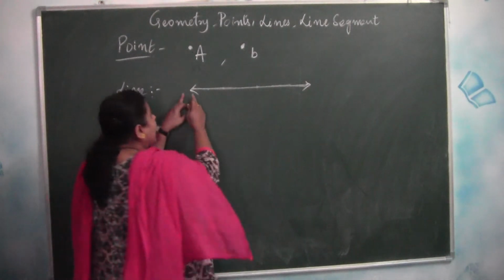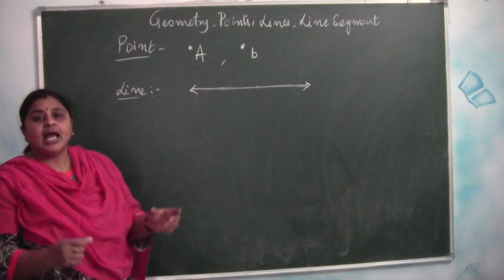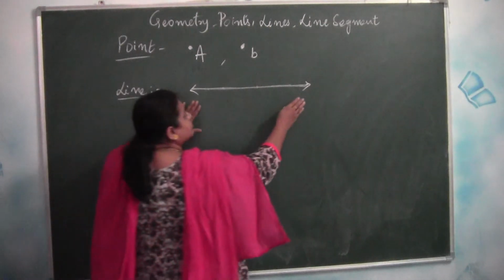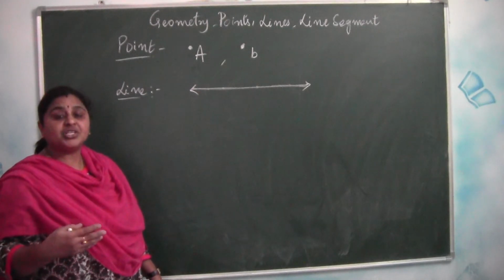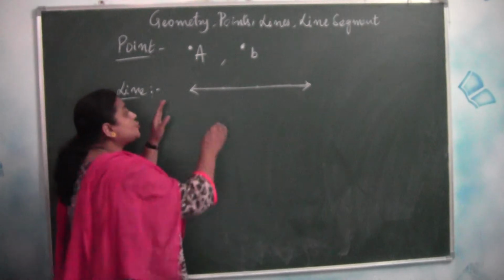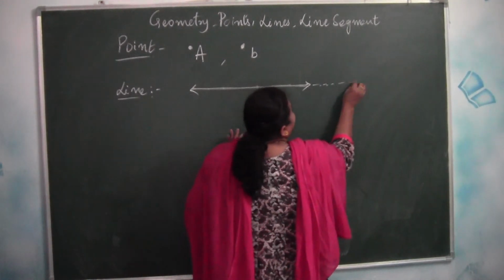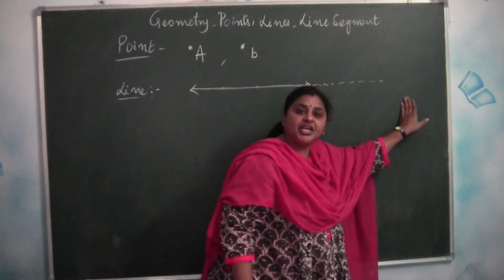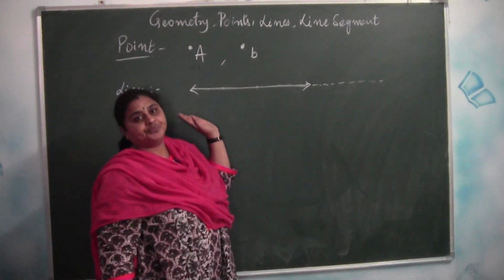Now what does this arrow mark suggest, children? What is the information given by these arrow marks? Arrow marks show that we can increase the length of the line, either on the right side or on the left side.